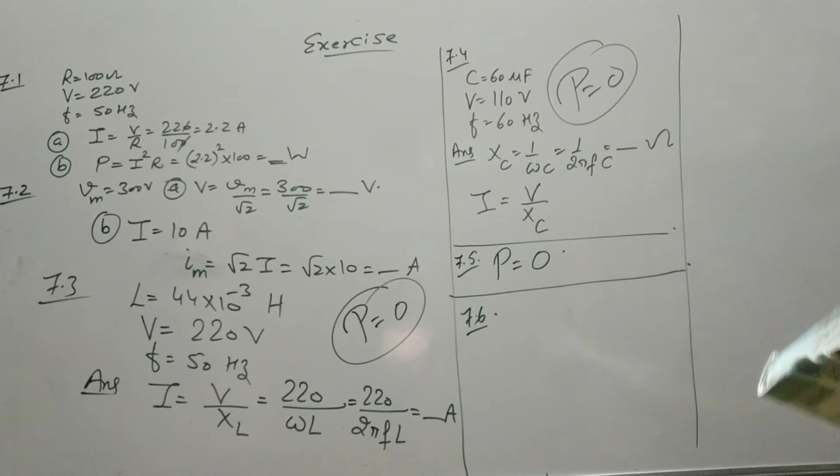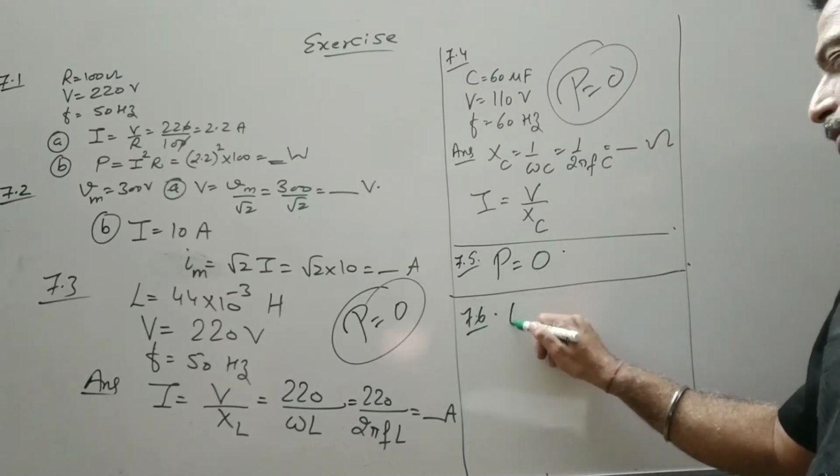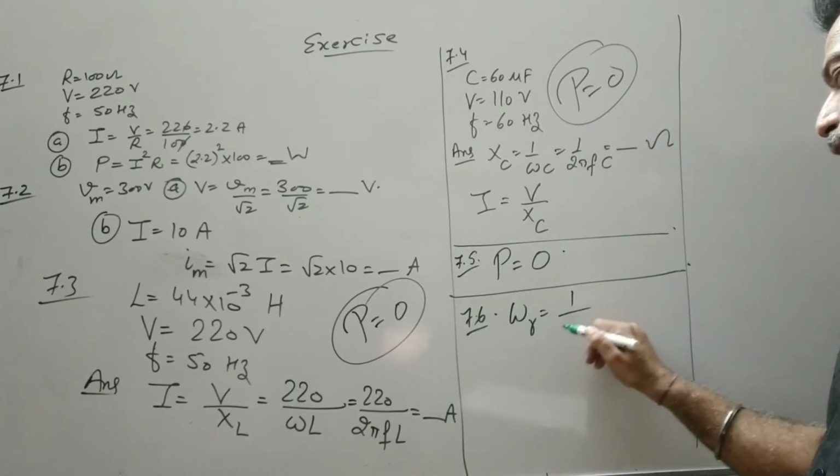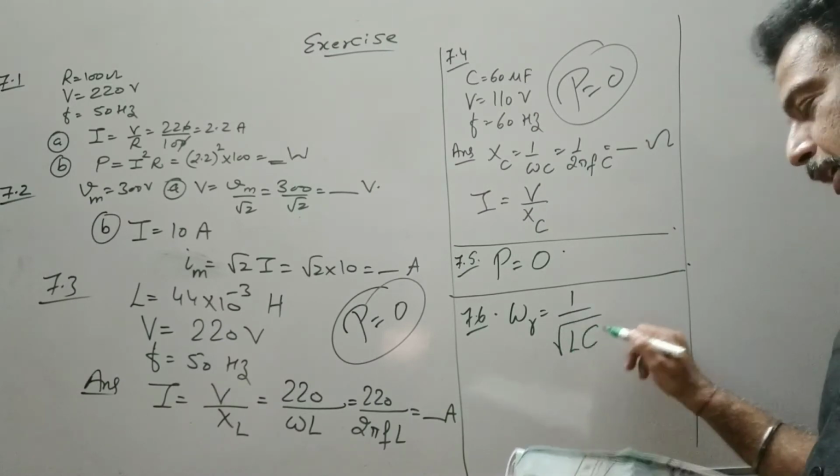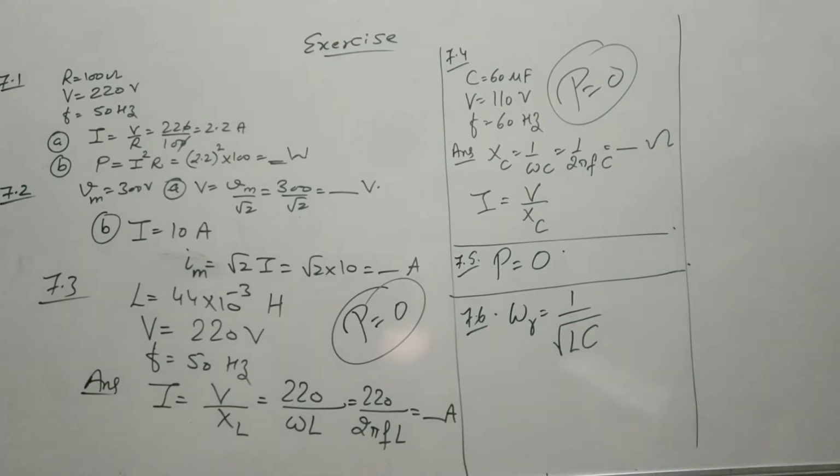So we have to find out the Q factor as well as the resonant frequency, where the symbol given is omega R. So omega R, the resonant angular frequency, is equal to 1 upon under root LC, where L given is equal to 2 Henry and C is equal to 32 microfarad and the resistance is equal to 10 ohms. So that is the first part.